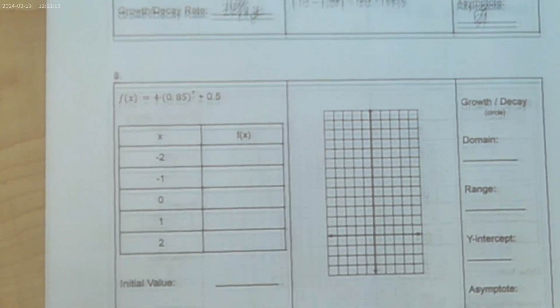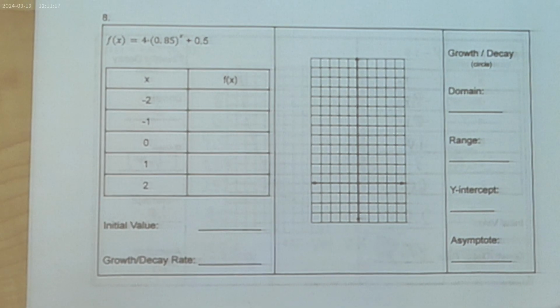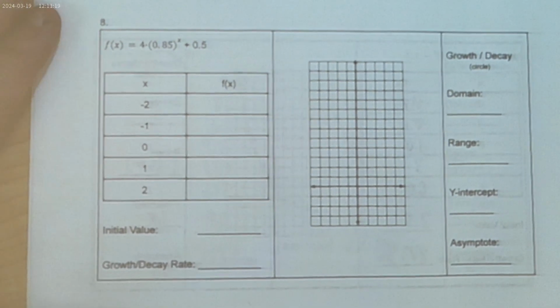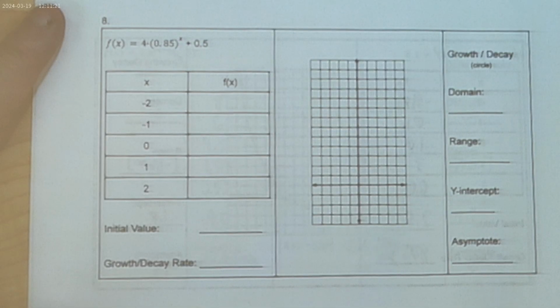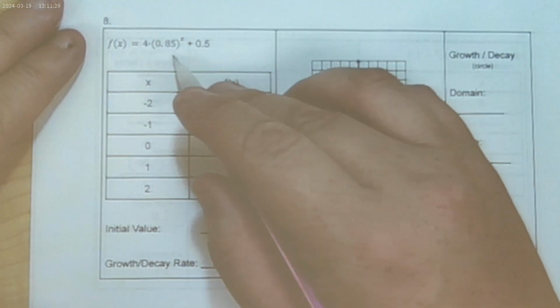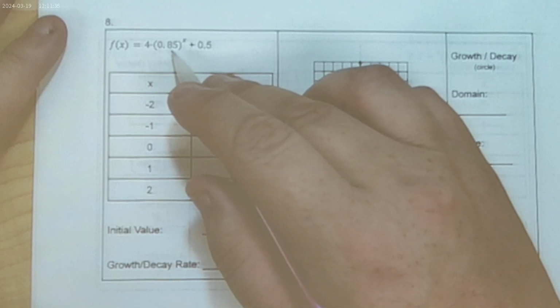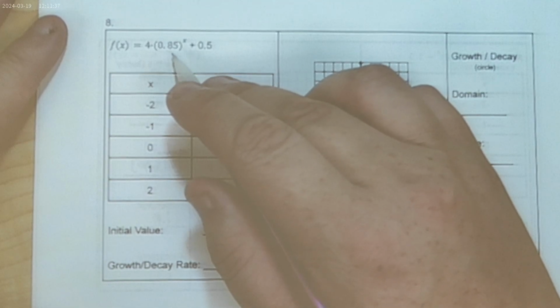We've got one last one here to hit. So again, let's take a look at the information that we have with f of x, and we're just going to get some information done here. The initial value is going to be 4, because that's what the a is. Then the rate of growth or decay: inside the parentheses, we have 0.85.